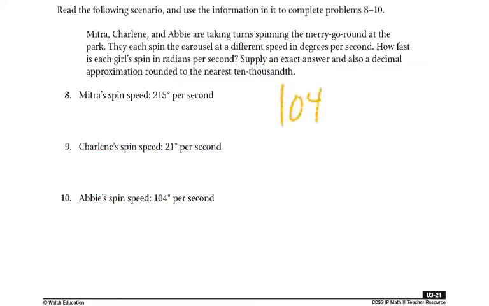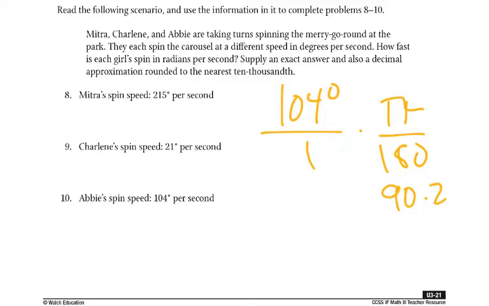So 104 degrees over 1 times pi over 180. Okay, what can factor out of 104 and 180? We could do 2, right? 180 is 90 times 2, and 104 would be 2 times 52. The 2's could cancel. We could do 2 again, right? So 52 would be 2 times 26, and then we'd have 2 times 45.